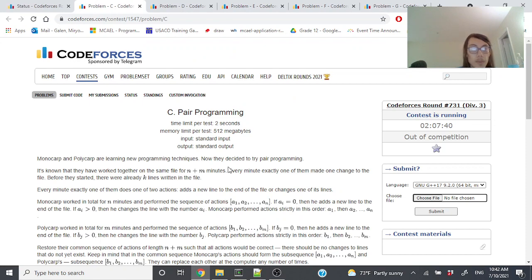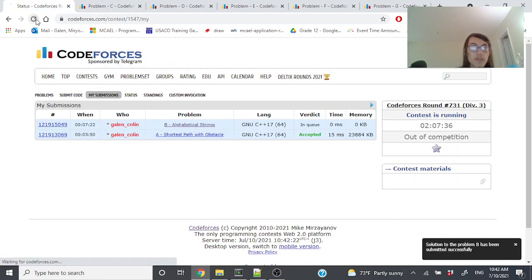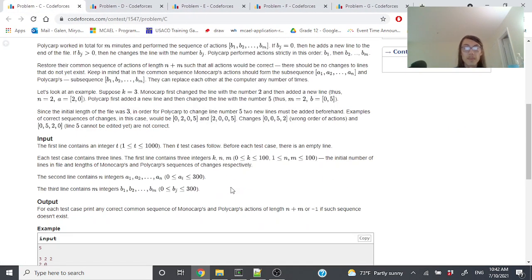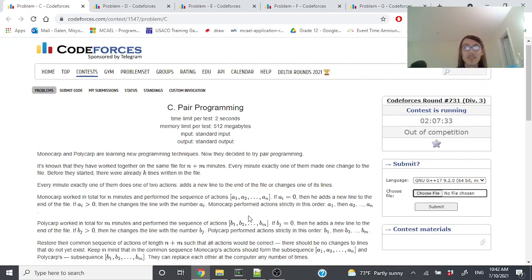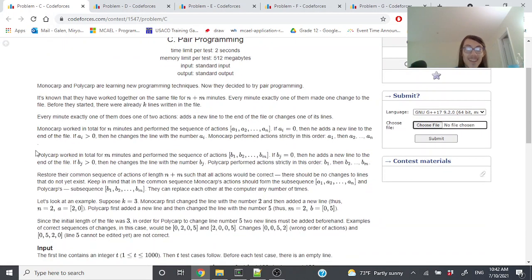Okay. Pair programming. What the hell are these statements? Oh my god, this is so long. Okay. N plus m minutes. Each minute exactly one of them made one change to the file. For the start, there are already k lines. Adds a new line, it changes one of its lines.